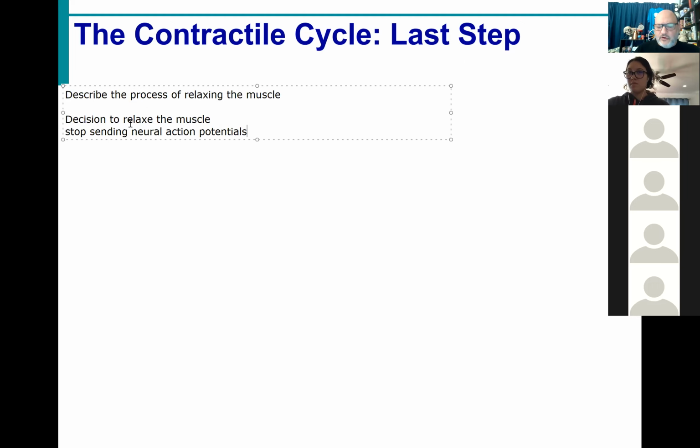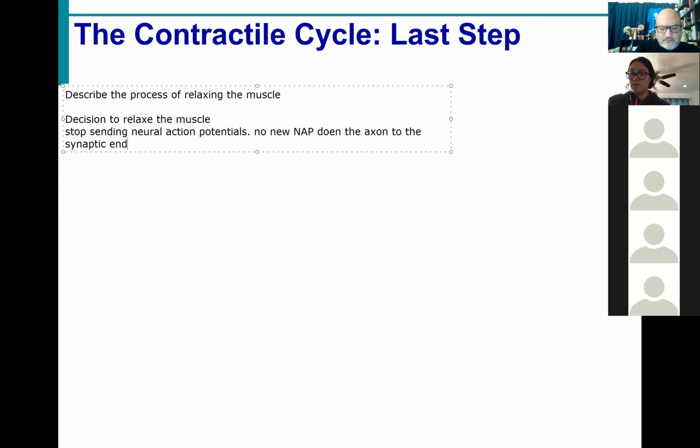So no new neural action potentials down the axon to the synaptic end bulb. Repolarization. Excellent. So this leads to a repolarization of the synaptic end bulb.